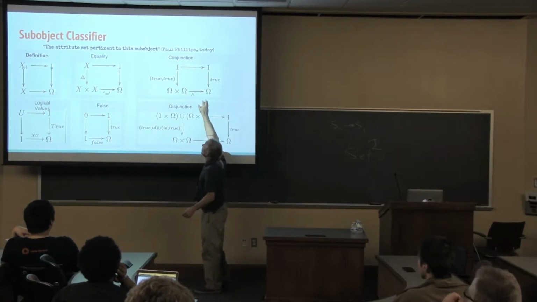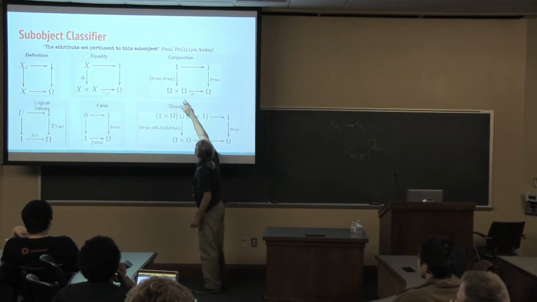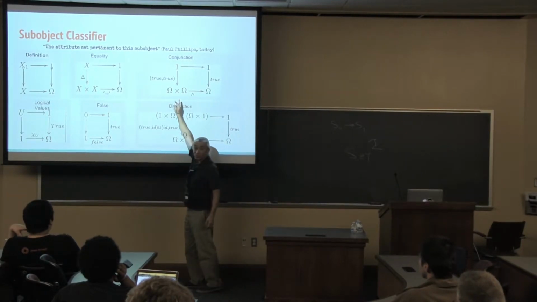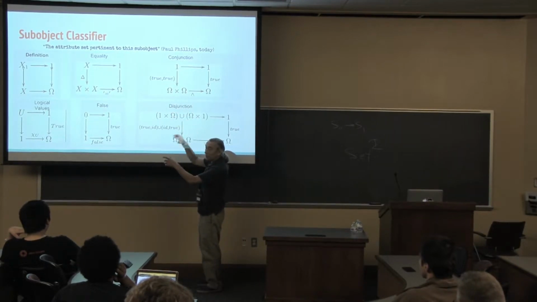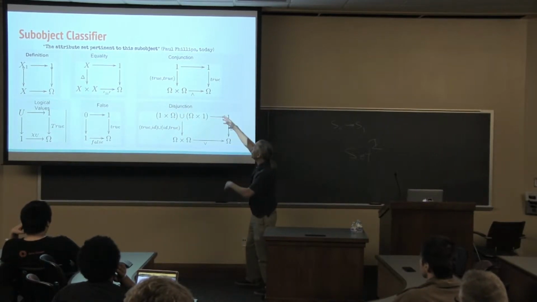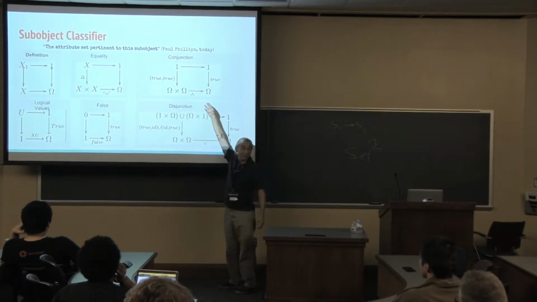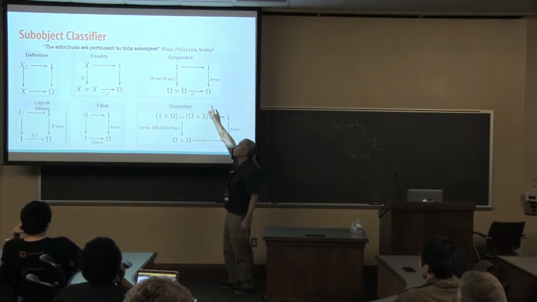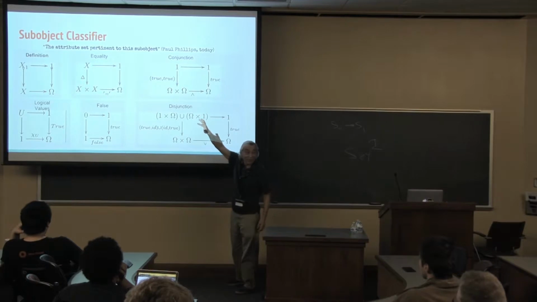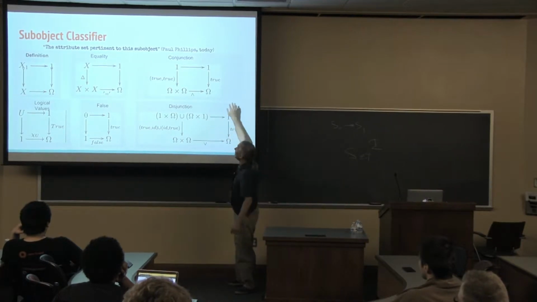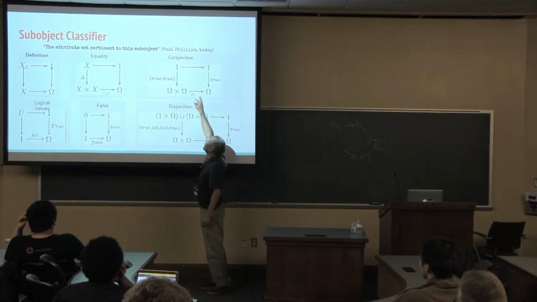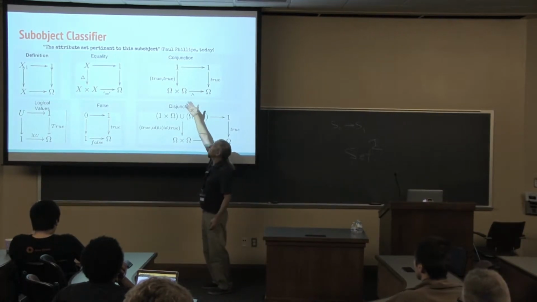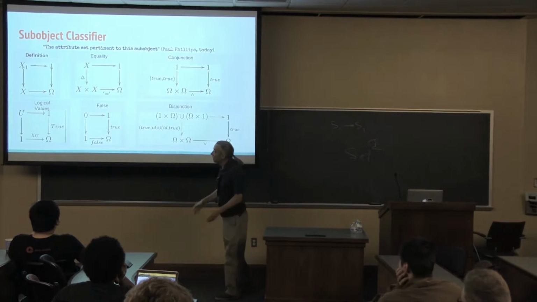Which logical values go to true? Only if both are true, the result of conjunction is true. True, false will not go there. Well, we didn't define false yet. I'll show you what false is. Nothing else maps to true through conjunction. So that's the definition of conjunction.